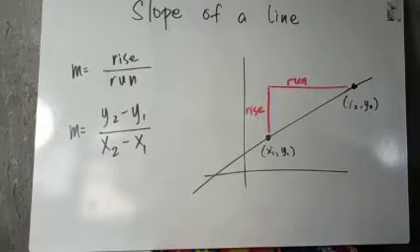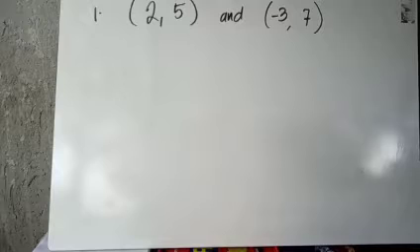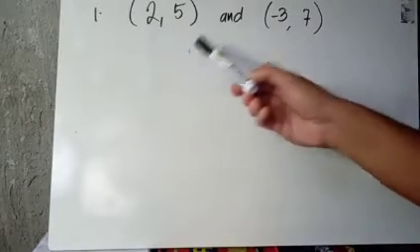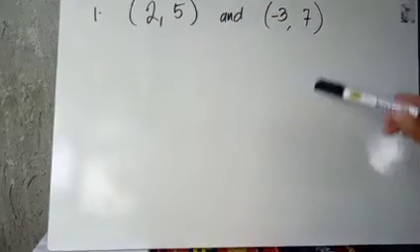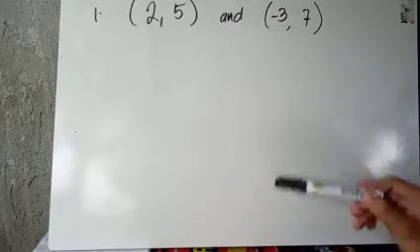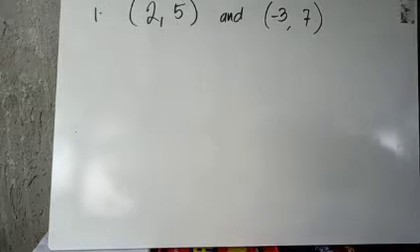Okay, so let's have some examples. Here's the first example. Suppose we're going to find the slope of a line that passes through (2, 5) and (-3, 7). Kung ipa-plot natin yung dalawang points sa Cartesian plane, tapos i-connect natin with a straight line, ano ba magiging slope niya?